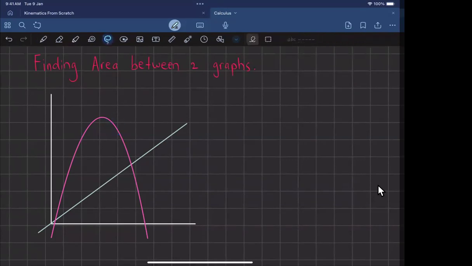A curve and a straight line. Which one is Bryce? The curve or the straight line?